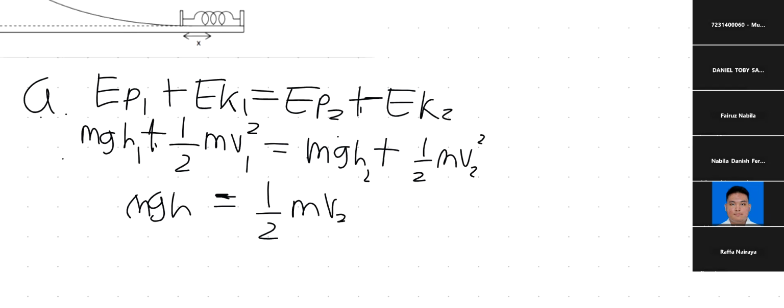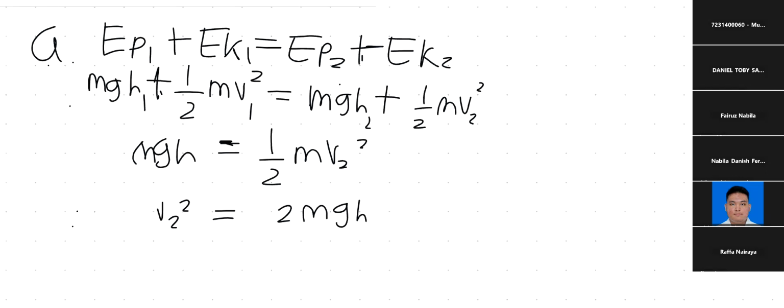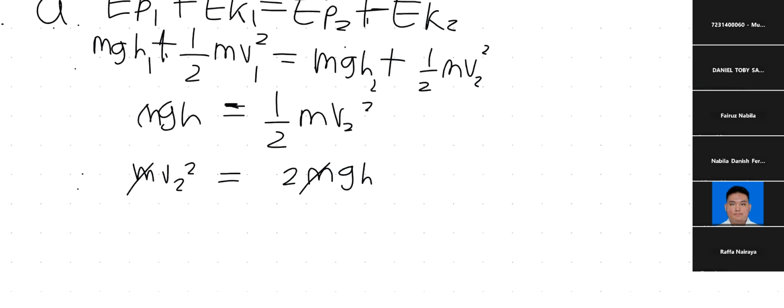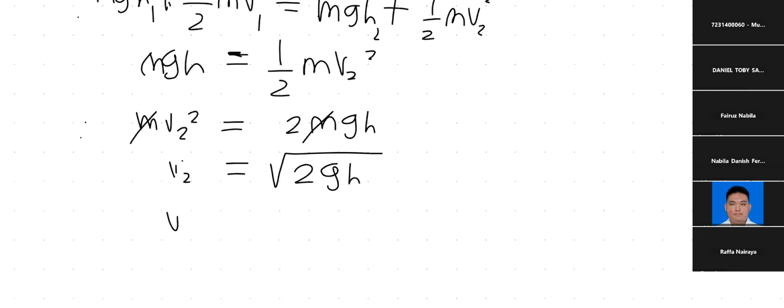So we know that v2 squared is going to be equal to 2 mgh. Then you cancel out the m's. V2 is going to be equal to square root of 2 times gravity times h. So we know all of those values. Oh, this is h1.